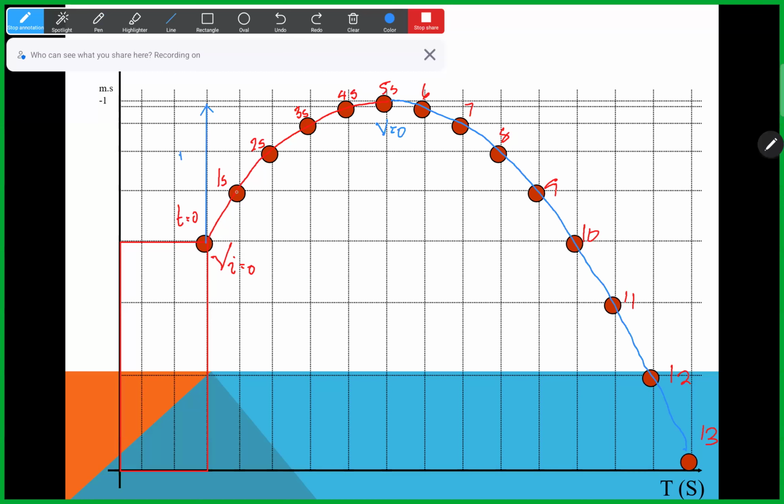At 1 second, the velocity here would be 39.2. It would be 29.4. It would be 19.6, 9.8, and then 0. Those velocity vectors will all be pointing upwards, but those would be the exact values.